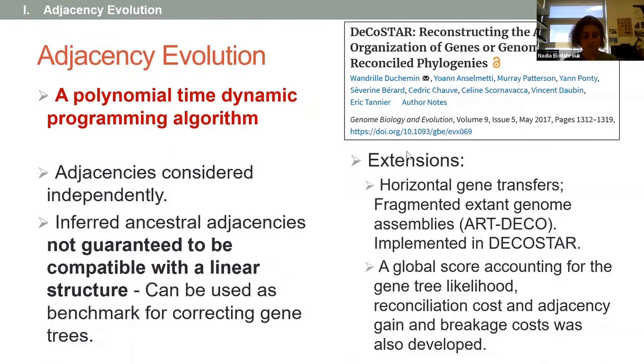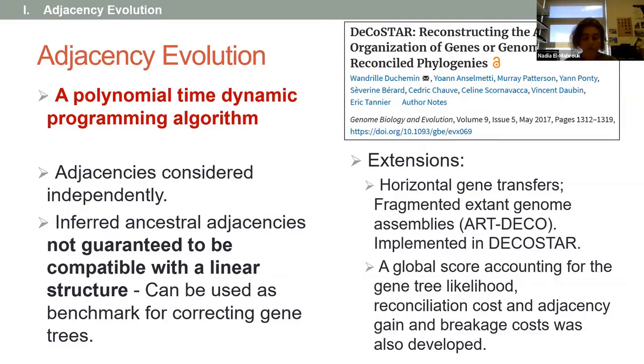Okay. So a polynomial time dynamic programming algorithm is developed based on a set of recurrences detailing all the cases of adjacency, breakage, and gain, depending on whether only one or the two genes of an adjacency are duplicated or lost, together or separately.